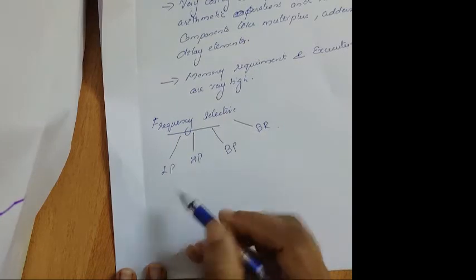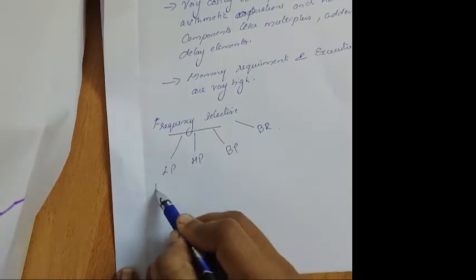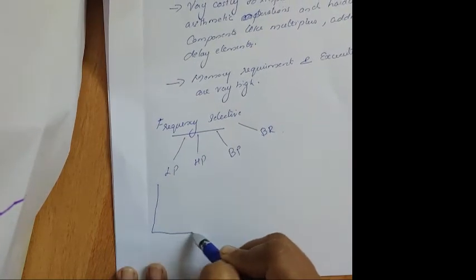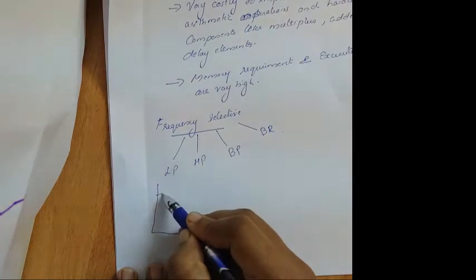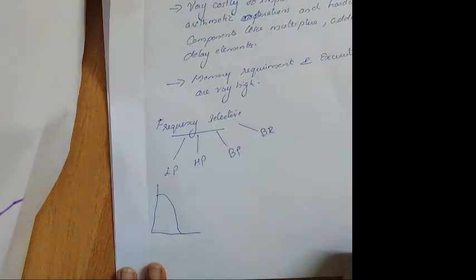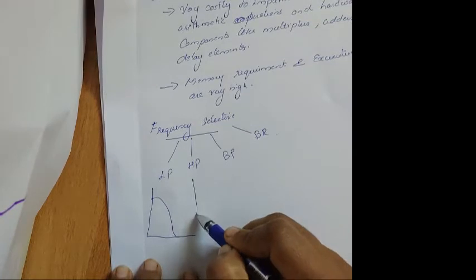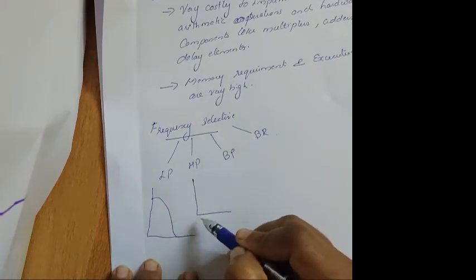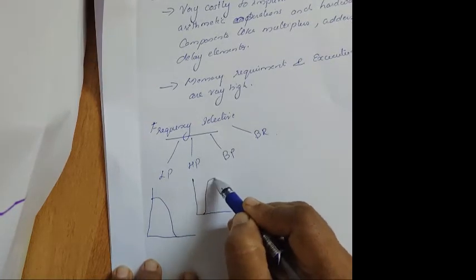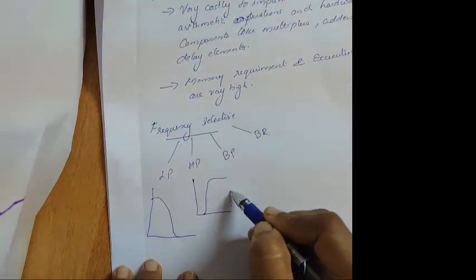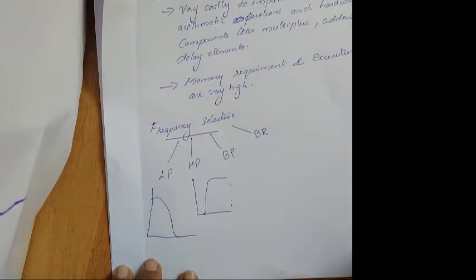That means you know a low pass filter. It only allows low frequency signals to pass. And a high pass filter doesn't start from zero, it starts from somewhere else up to the final.